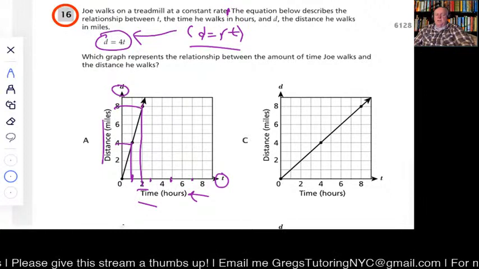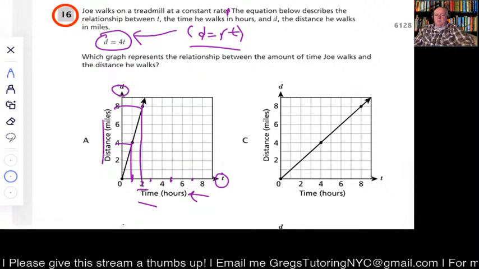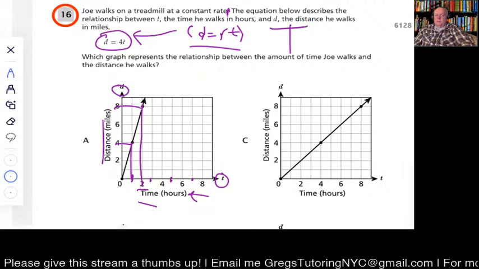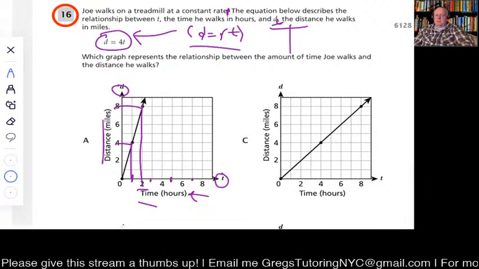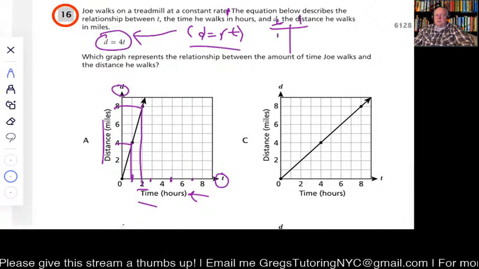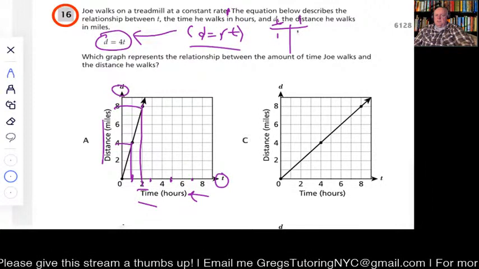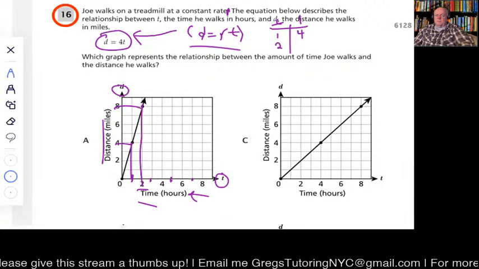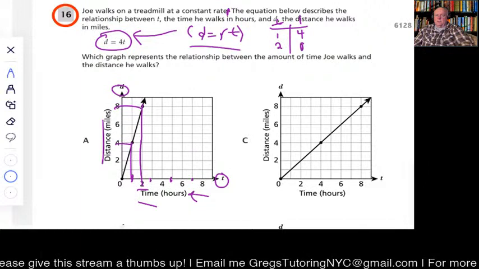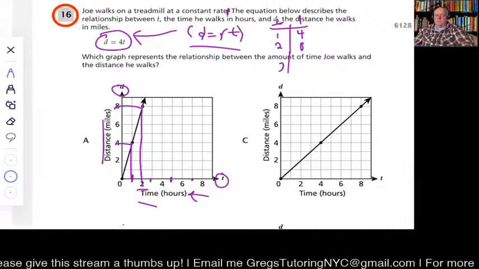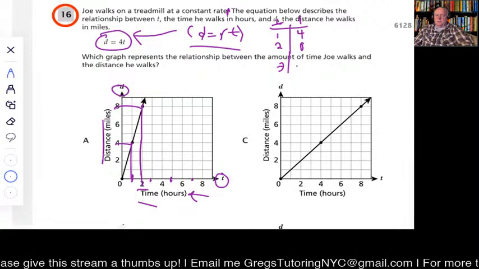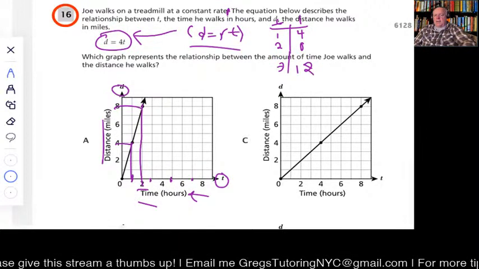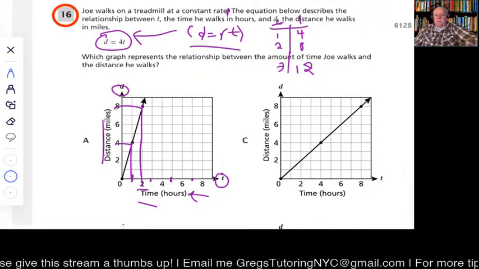So if we plug in 1 for T, right, if we create a table where that's T and that's D, if T is 1, then D is 4, because D equals 4T. If T is 2, then D is 8, okay? If T is 3, then D is 12, okay? So this part should be no-brainer to you guys. It should be making obvious sense, totally not confused, right?